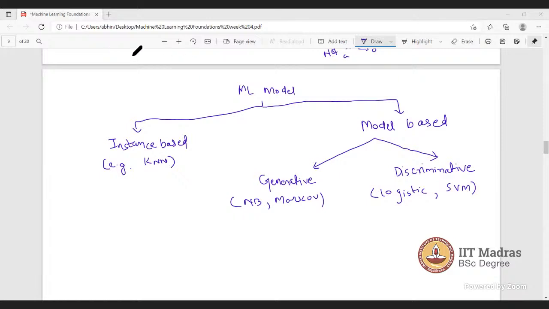This is not classification versus regression, this is just a type of learning. But if I have linear regression, will the modeling be generative or discriminative? In a mathematical sense, that should be discriminative, right?